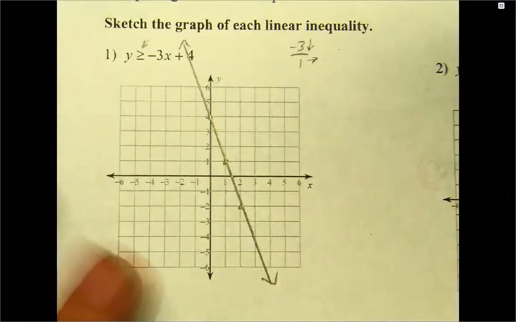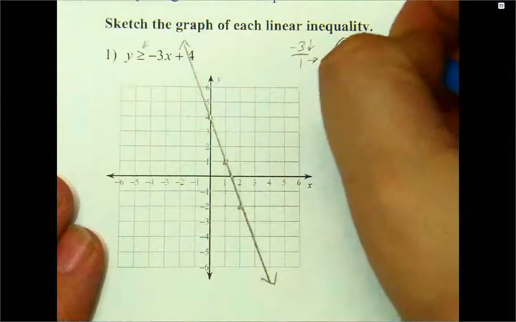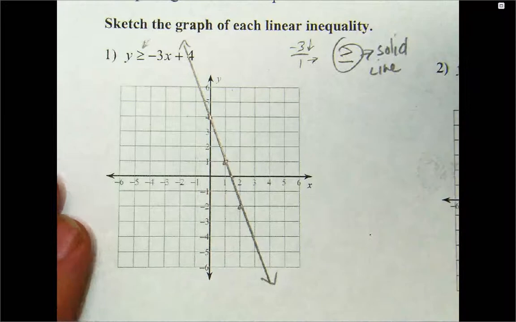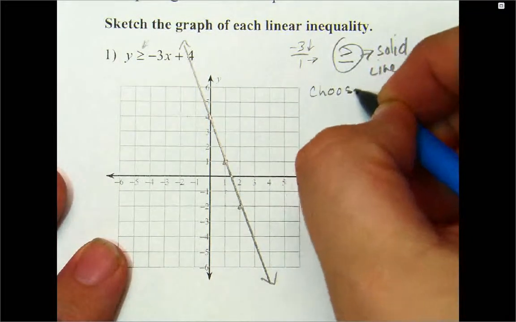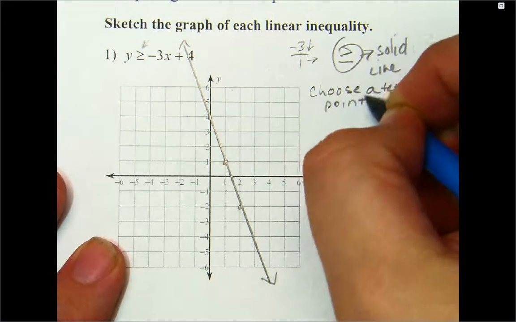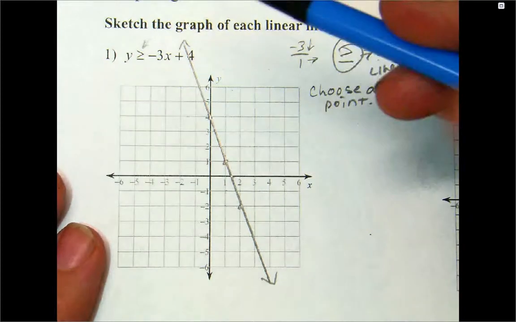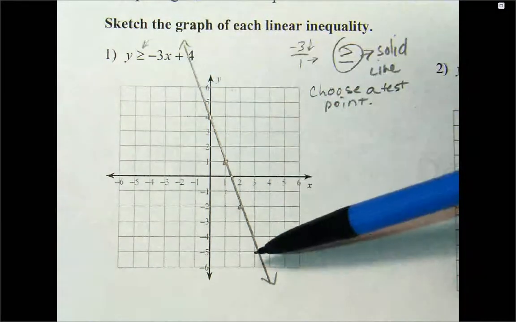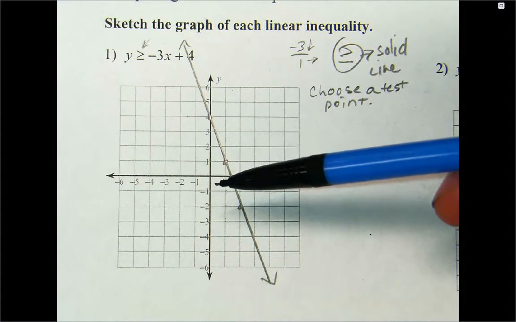So, now the next thing you want to do is choose a test point. Because normally we would graph a line and be done with it. And every point on the line would be a solution to the equation itself.